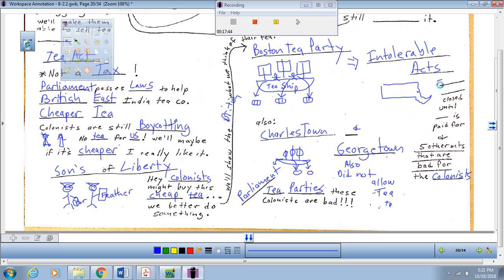So the British are mad at the people of Boston, and they said, you want to throw our tea into the ocean and ruin it? We're going to blockade your port and close it until that tea is paid for. Millions of dollars, almost impossible to recoup this sum.